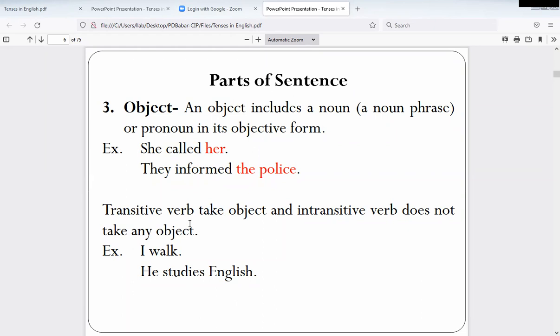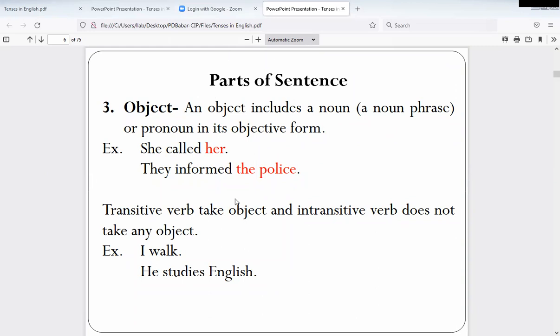In the transitive verb, the object follows the verb, or an object comes after the verb. But in an intransitive verb, there is no object; the verb is not followed by an object.